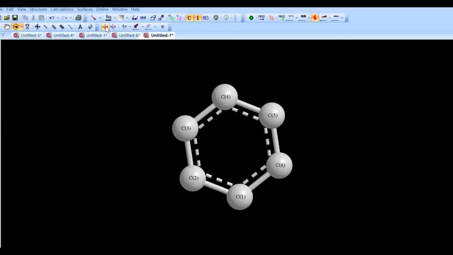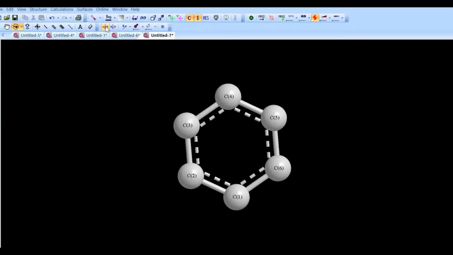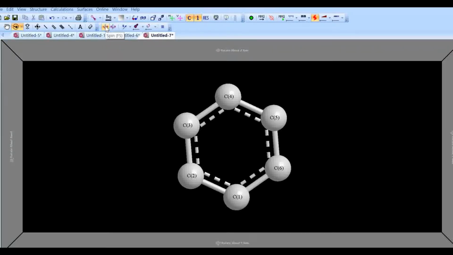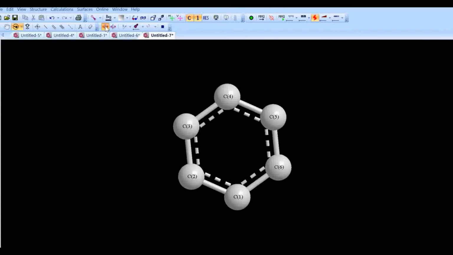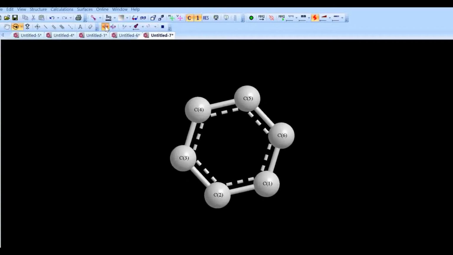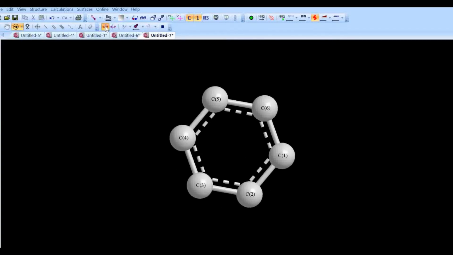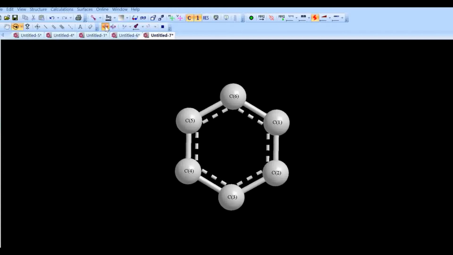The same appearance is also repeated if I rotate by an angle of 120. The rotation of 120 means C4 comes to C2 and so on. Let us see. The appearance remains the same. It has to remain the same.